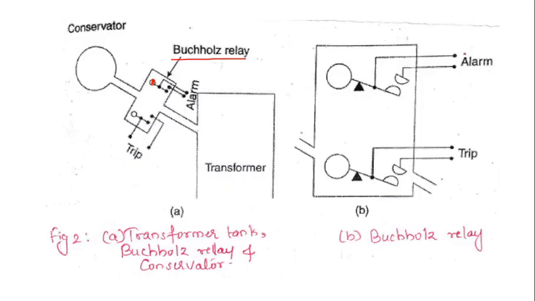If the fault is light, of minor nature, only some amount of oil will be reduced, so it gives a simple alarm to the operator. He needs to check what type of fault it is.